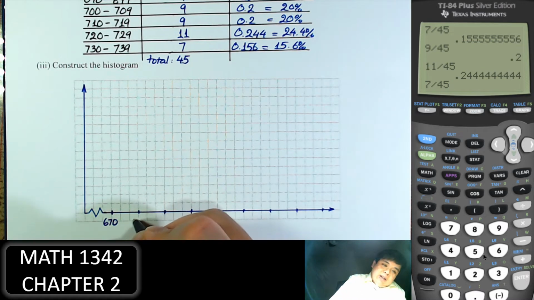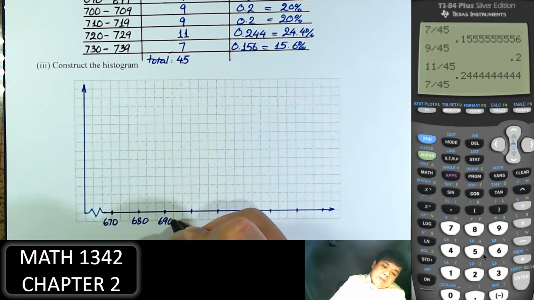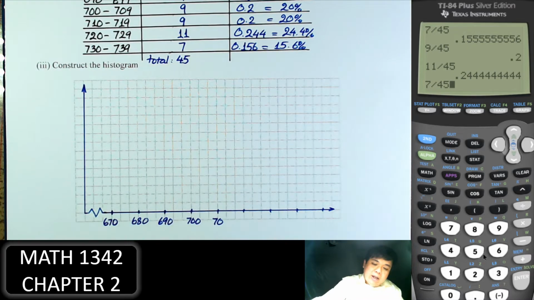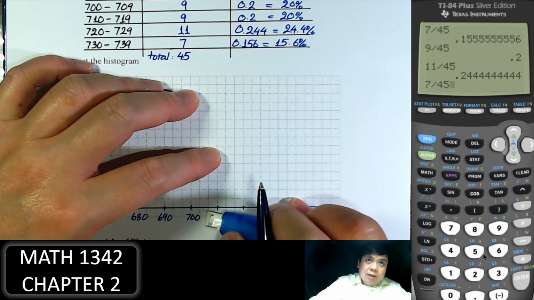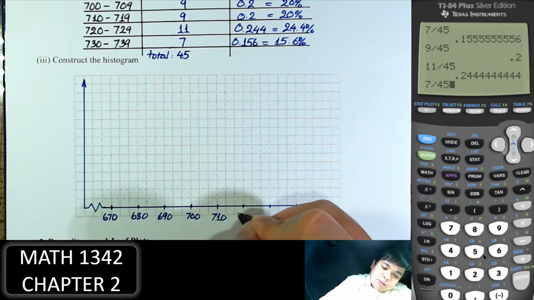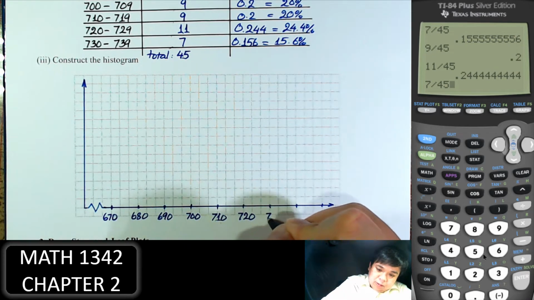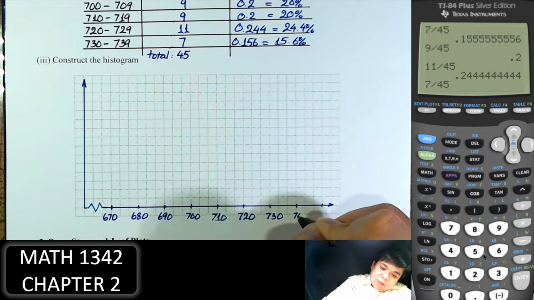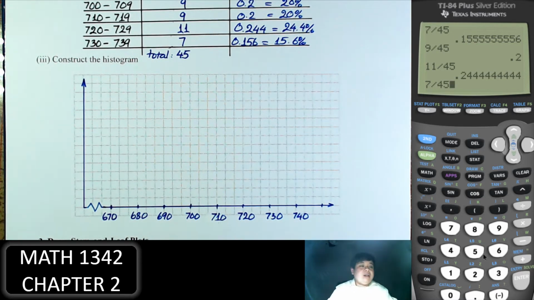We only write the lower class limit, and then the column.